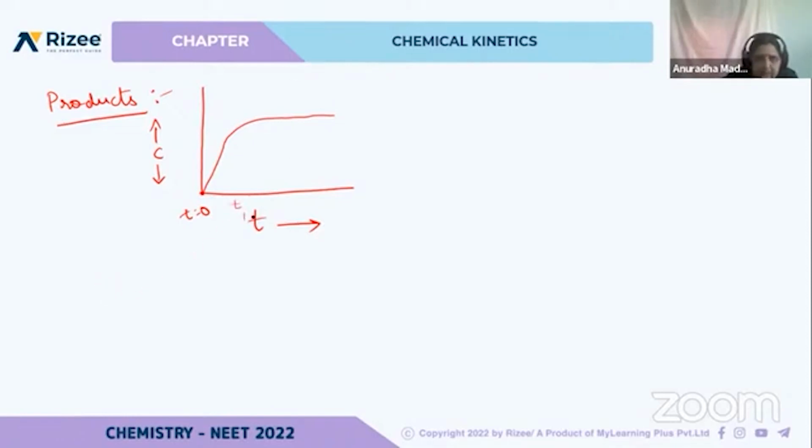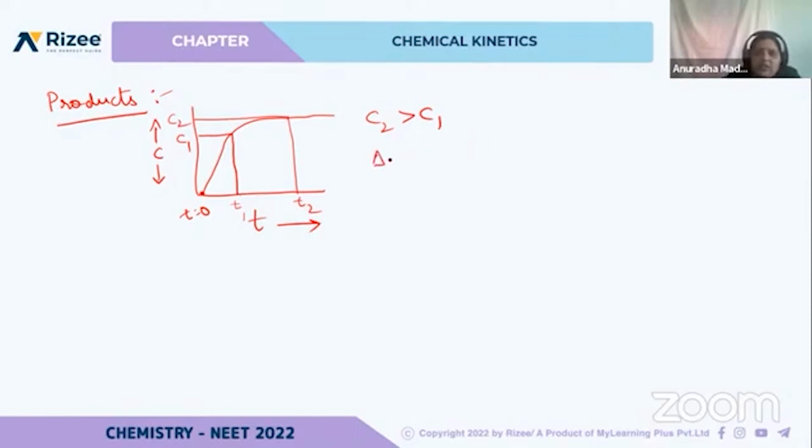After T1, let's take the concentration as C1, and after some time T2, let's take the concentration as C2. So obviously C2 is greater than C1. As time goes on, the concentration of product increases.